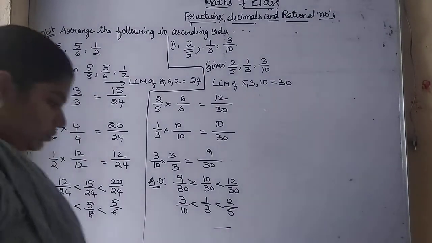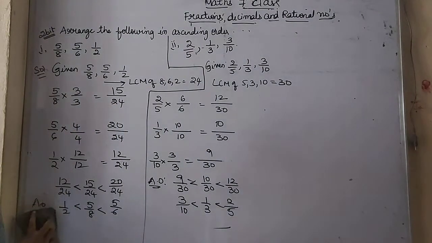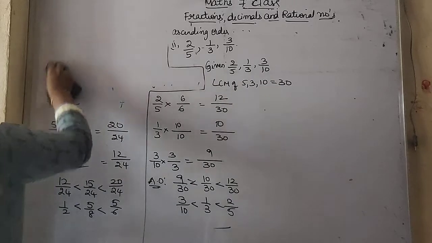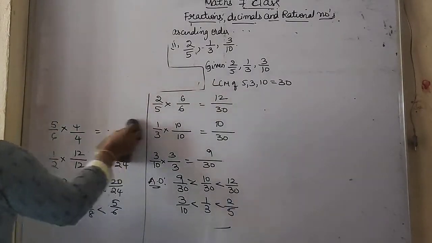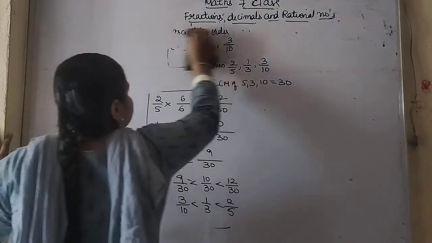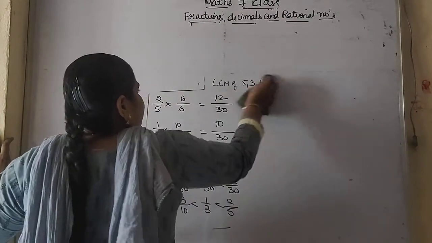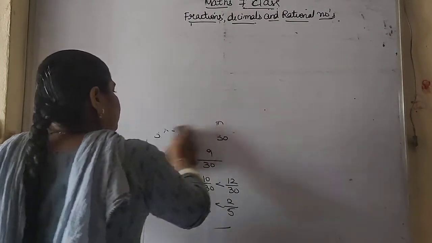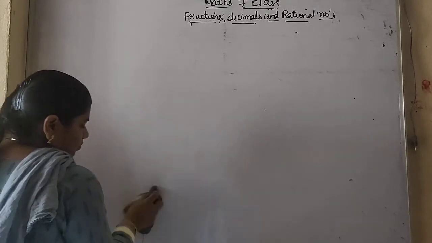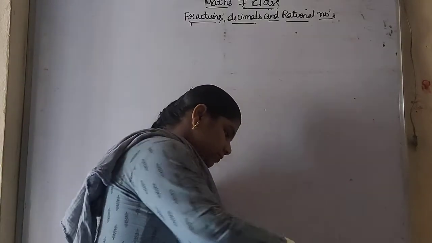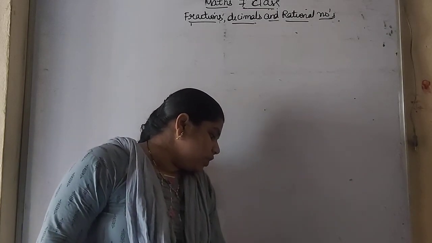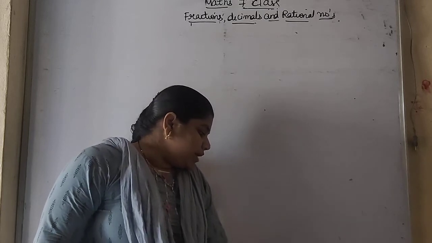Next bit. So next third bit. So check the following square whether in this square the sum of the numbers in each row and each column and diagonals is same.